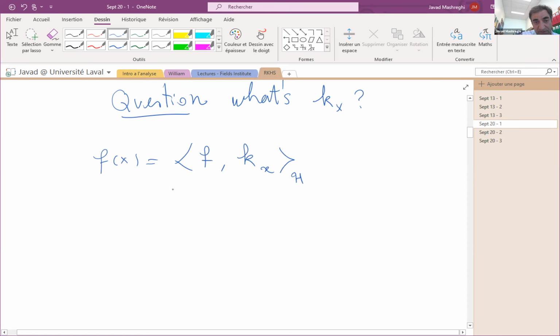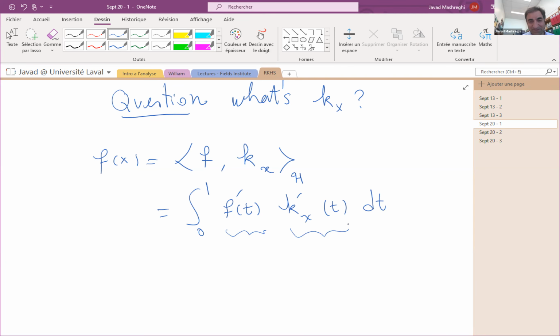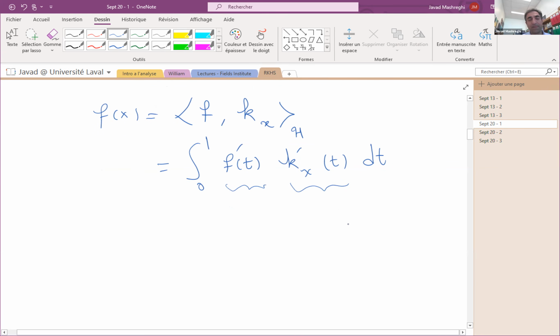And by definition, this is the integral from 0 to 1 of f prime(t) k_x prime(t) dt. I remind you that in the definition, we assume that f prime and k prime are both in L2, so the product stays in L1. The integral is perfectly well defined.